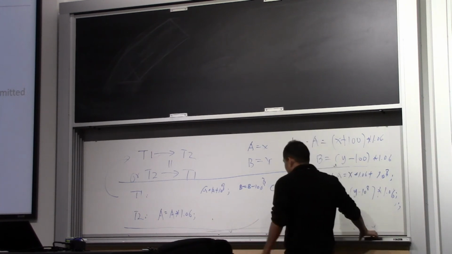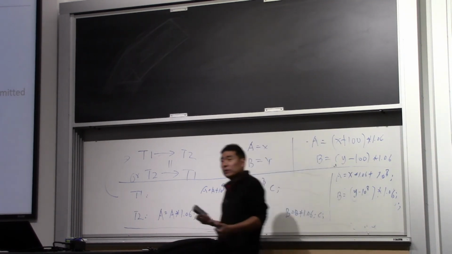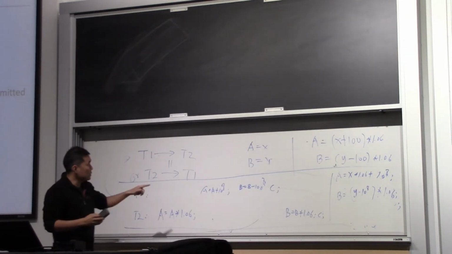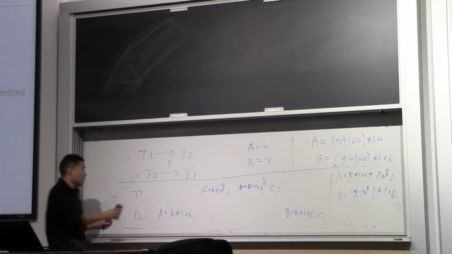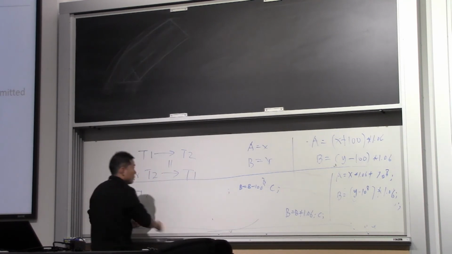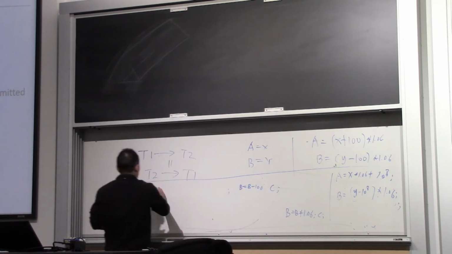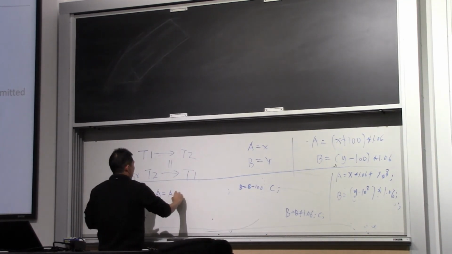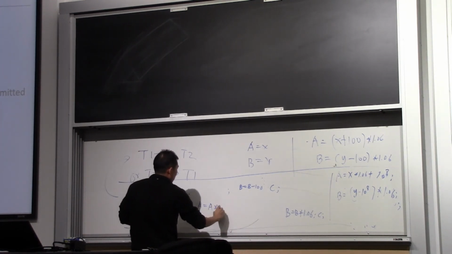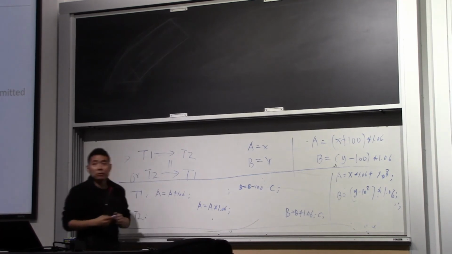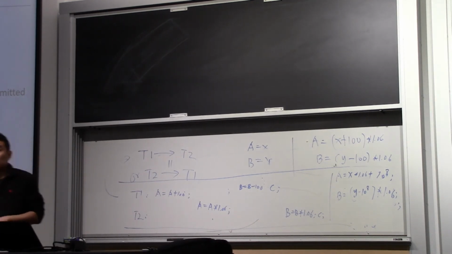If I do this, what should I do? How do I change this to make things right? In this case, all I need to do is something like this. You follow me?